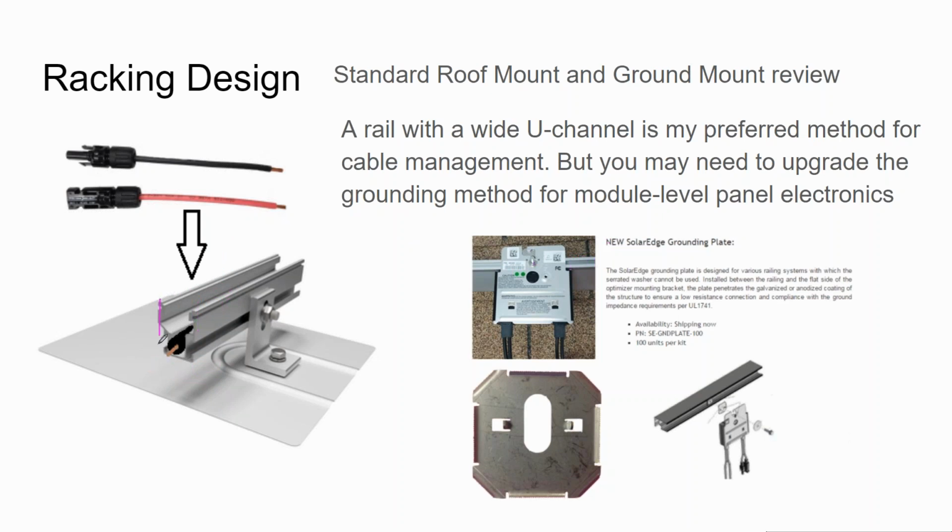The reason why I like this U shape is because I can lay my cables into the rail and use the rail itself as a cable management system. Otherwise, all these extra cable whips that are coming off the modules and going from the modules to these optimizer boxes are just going to be hanging out underneath the solar array.